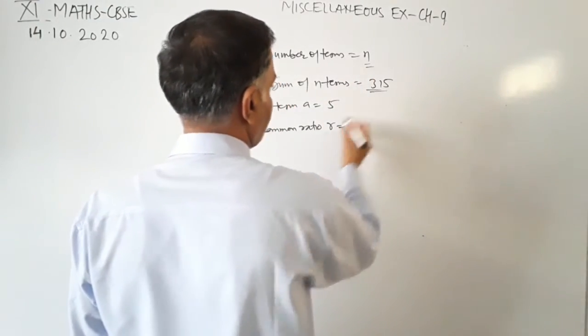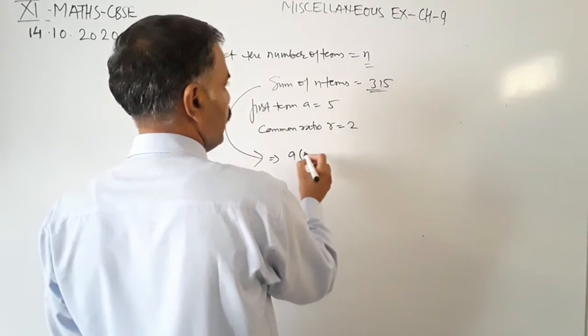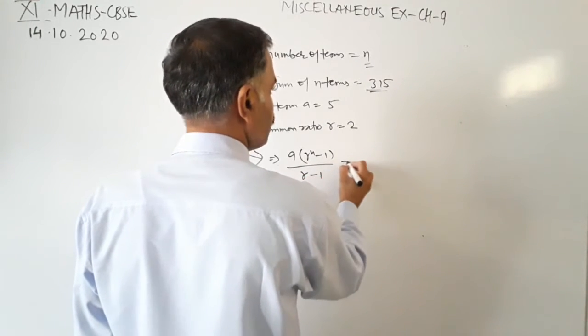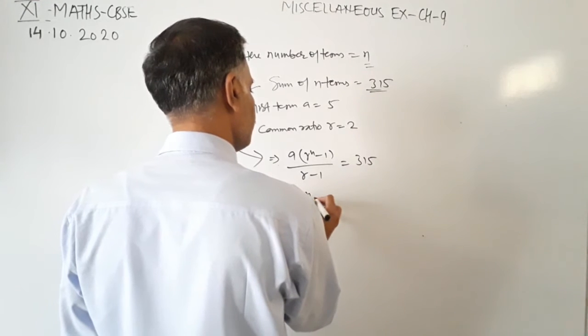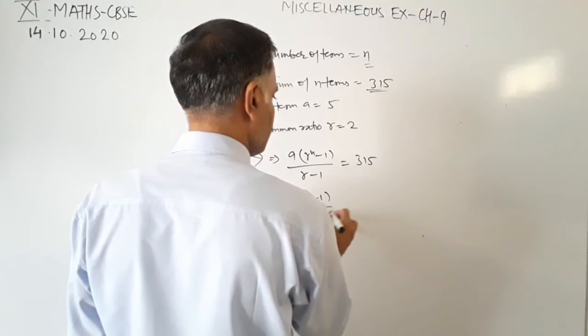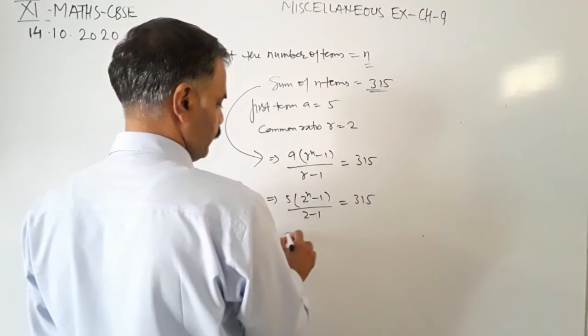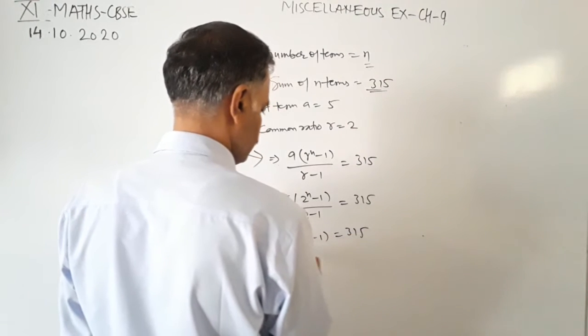So the sum of n terms is a into r to the power n minus 1 upon r minus 1, equal to 315. So 5 into 2 to the power n minus 1 upon 2 minus 1 equals 315. So 5 into 2 to the power n minus 1 equals 315.